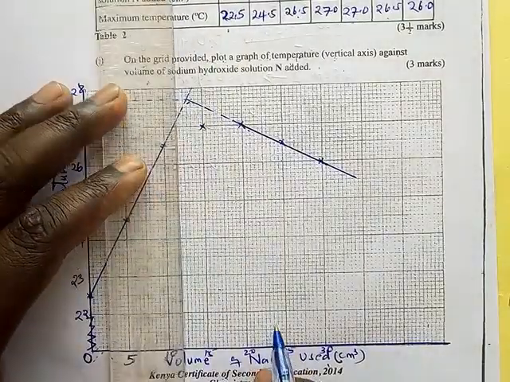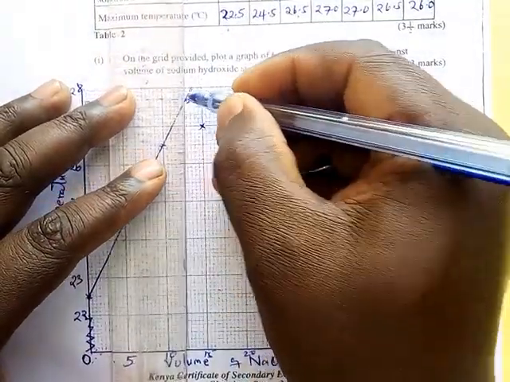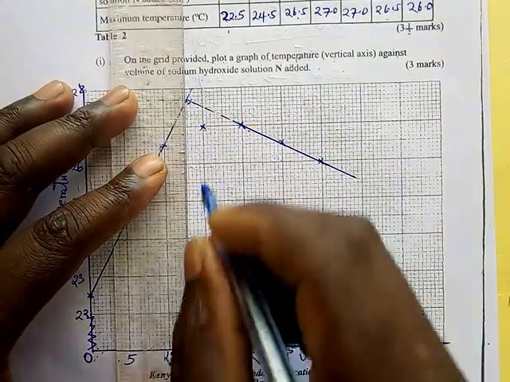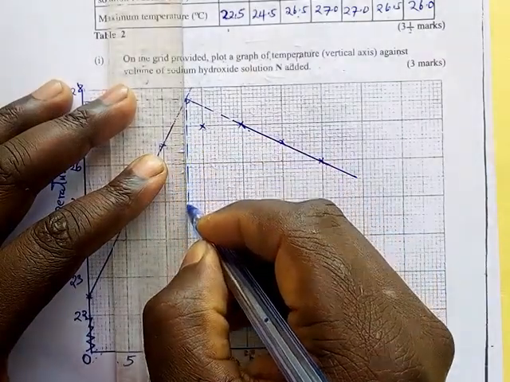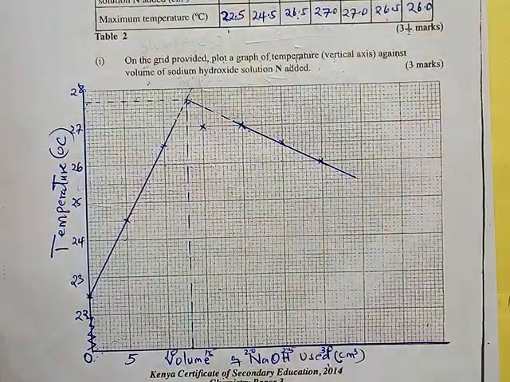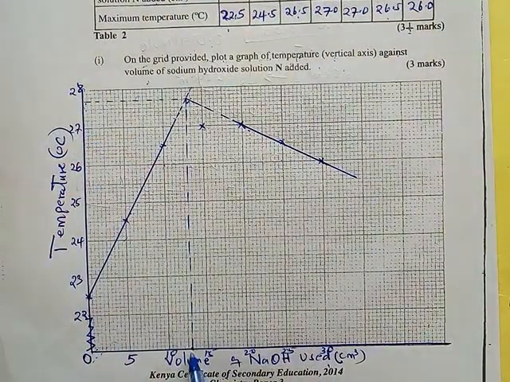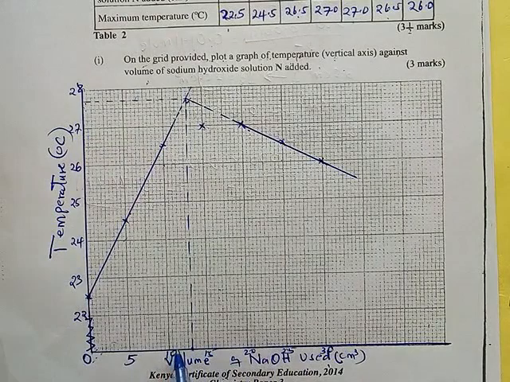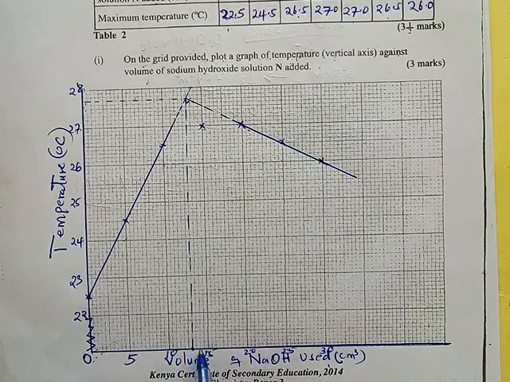To show that you used the graph, you must draw a dotted line from the maximum point where the two extrapolated lines met down to where we have the volume. This is 10, this is 15, therefore two small squares represent 1, so this is 11, 12, 13, 14, and then 15.